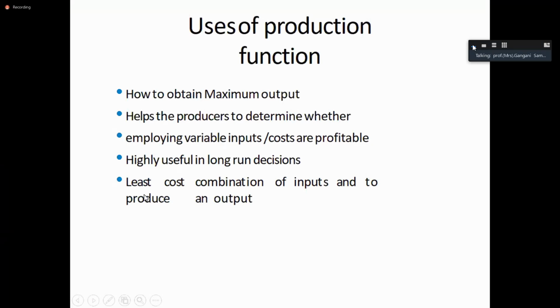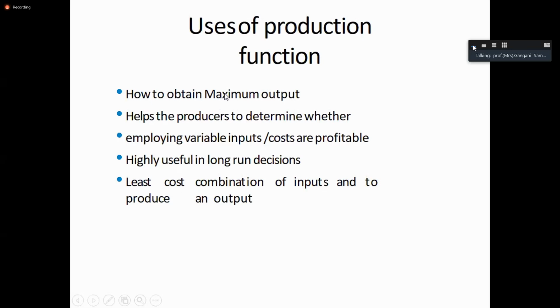Okay, so it helps to make long run decisions. After seeing the production function, we can see after some specific time period, what will happen to the production. Okay? You will see when we use these graphs. So least cost combination of inputs and to predict.